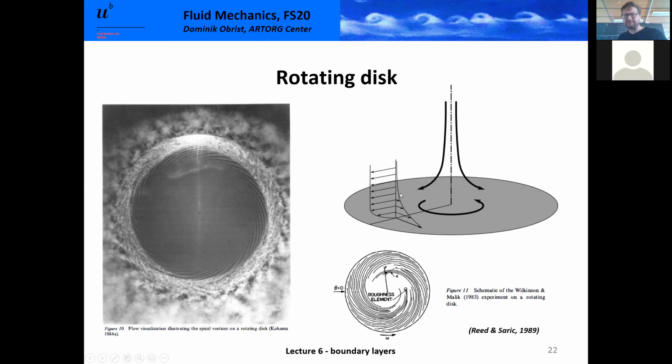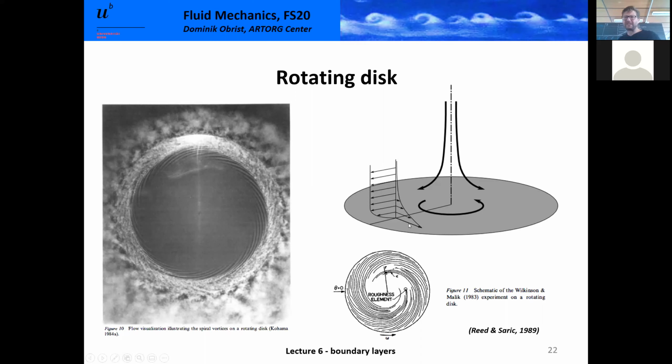At the same time, if we for a second just forget about the impinging flow and just look at the rotation of the disc, on the surface of the disc itself, we will perceive an airflow.